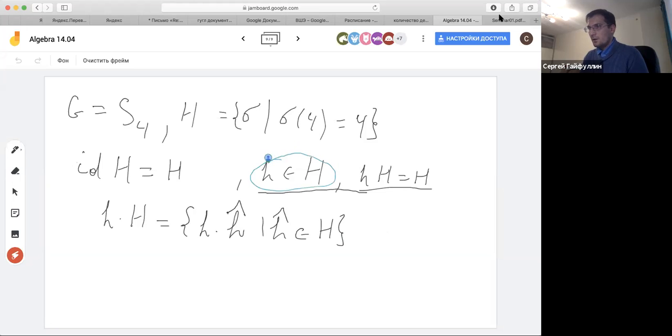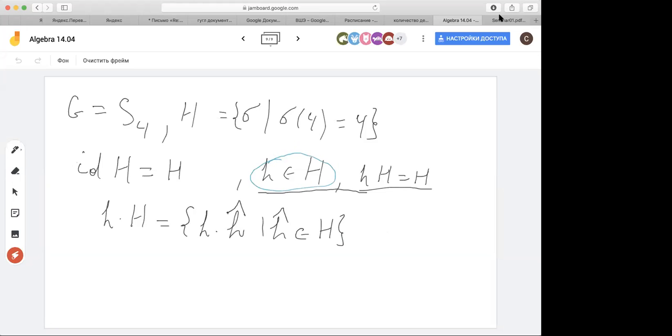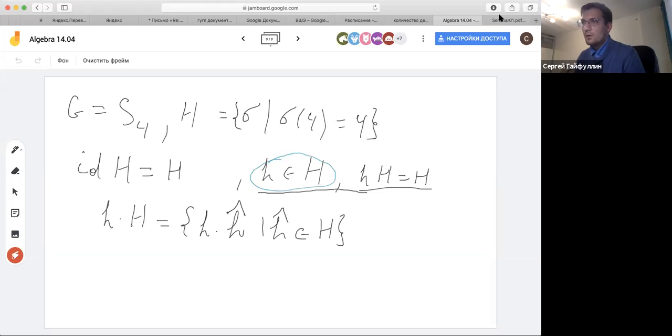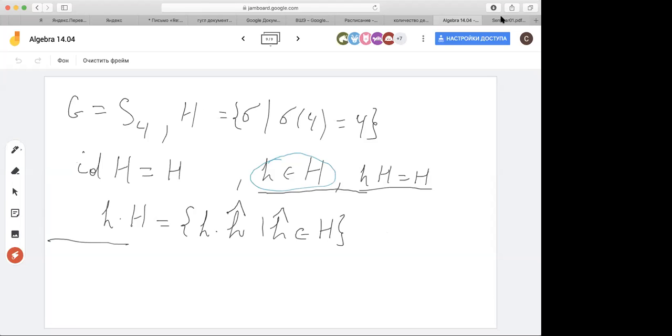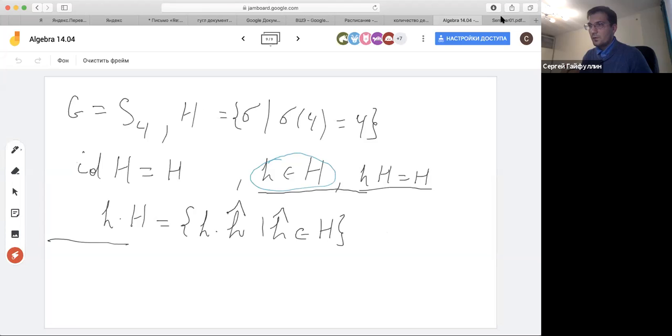Now give me the simplest element which doesn't belong to Hb. For example, 1, 2, 3, 4. Maybe this is not the simplest, but maybe this is rather good.